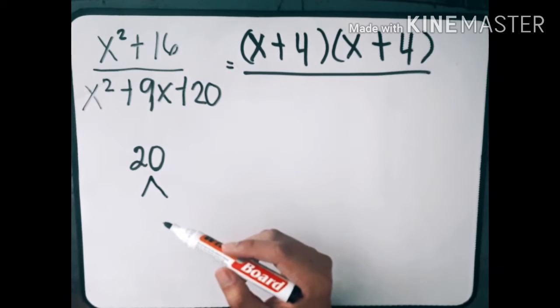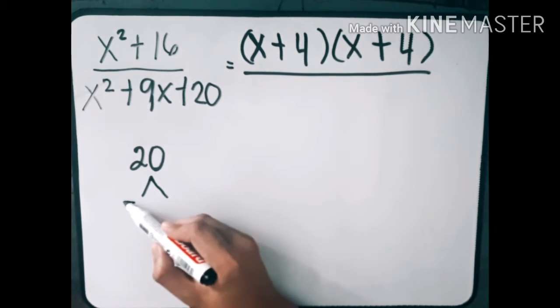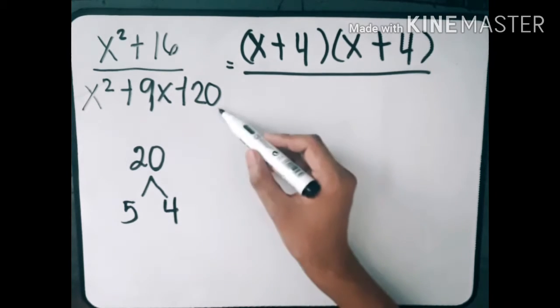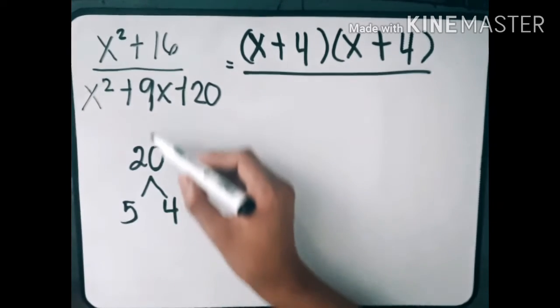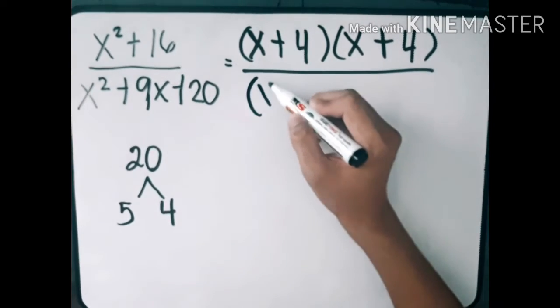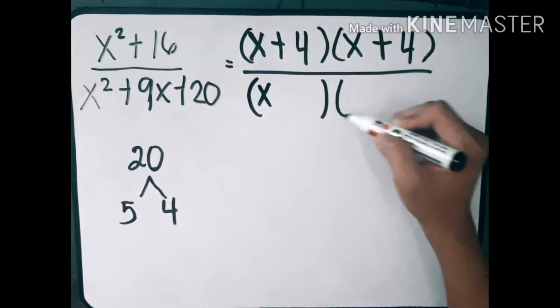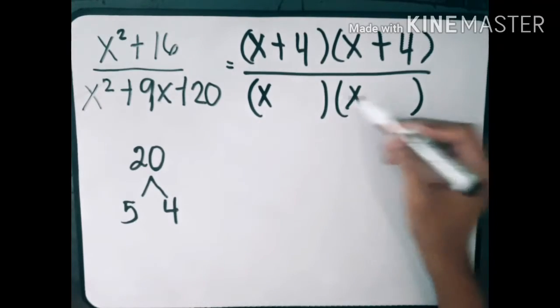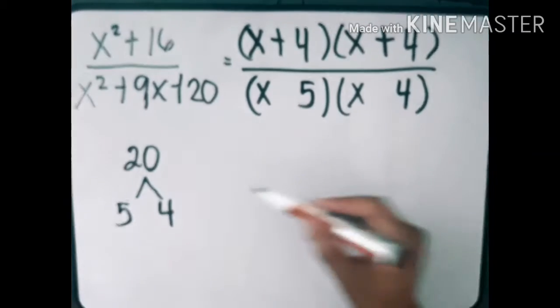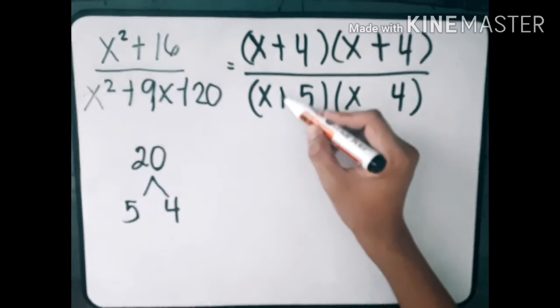Okay? So, ito ay 5 and 4. So, 5 times 4 is 20 and 5 plus 4 is 9. So, factor out natin yung trinomial which is 5 and 4, and both positive.